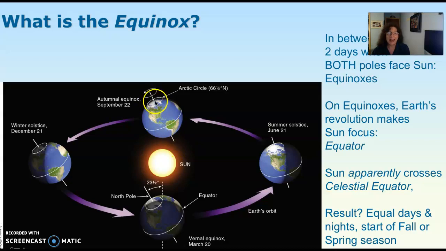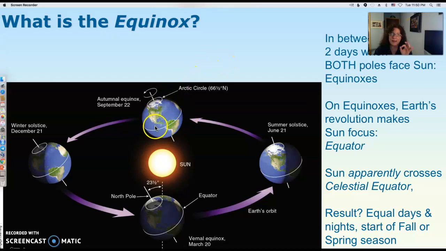And this is a day when pole to pole, the entire world gets relatively equal hours of sunlight. So, on this day, the equinox, the sun appears to be most direct over the equator.